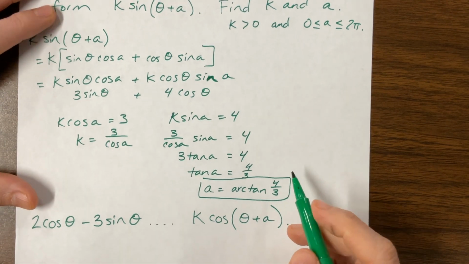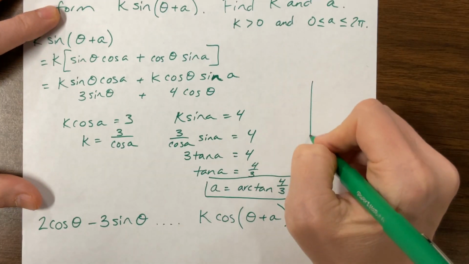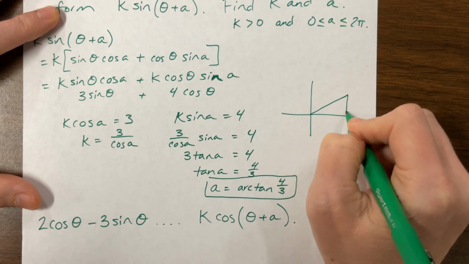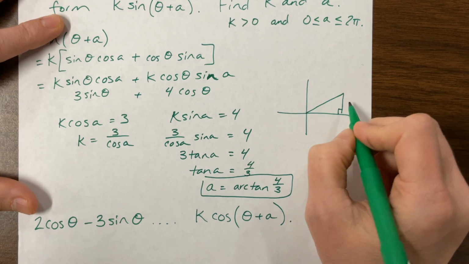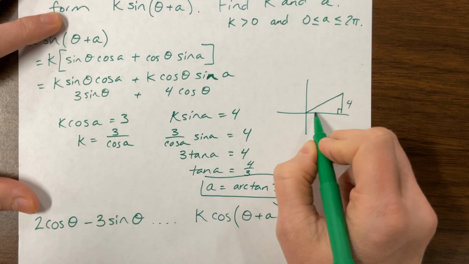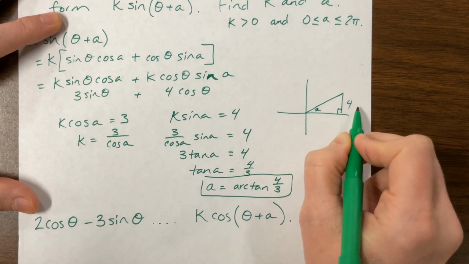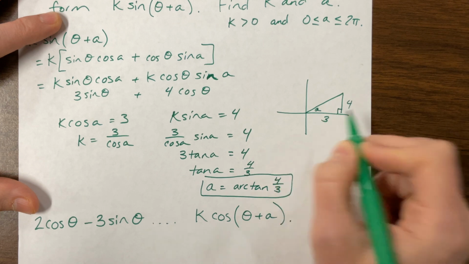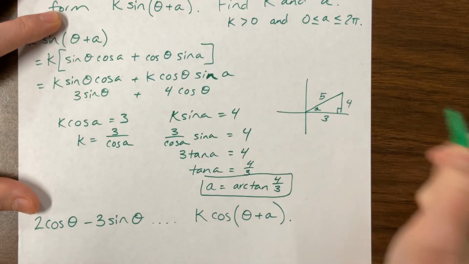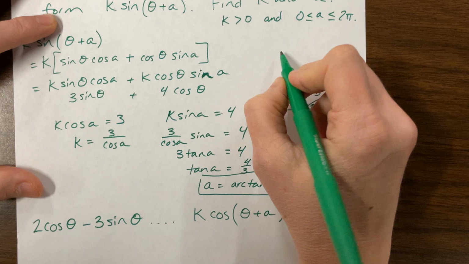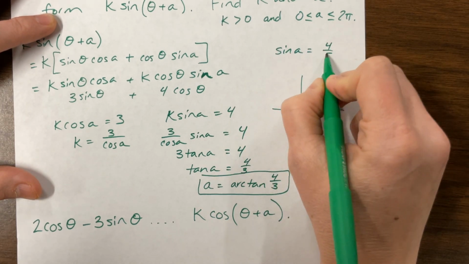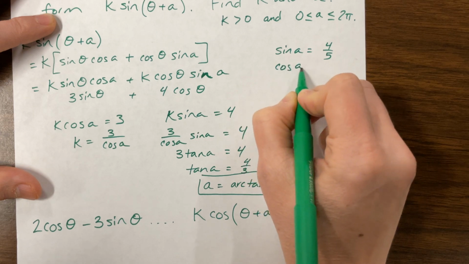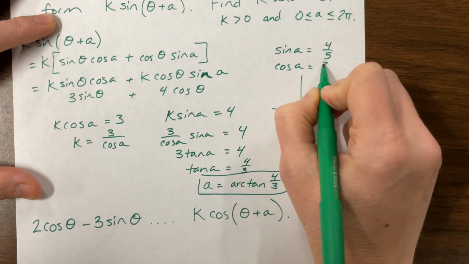But now I need to solve for k. So we're going to draw this in quadrant 1. It's not to scale, but this is our angle A. Tangent is 4/3, opposite over adjacent. This is a 3, 4, 5 triangle. So now what I know is that sine of A is equal to 4/5, and cosine of A is equal to 3/5.